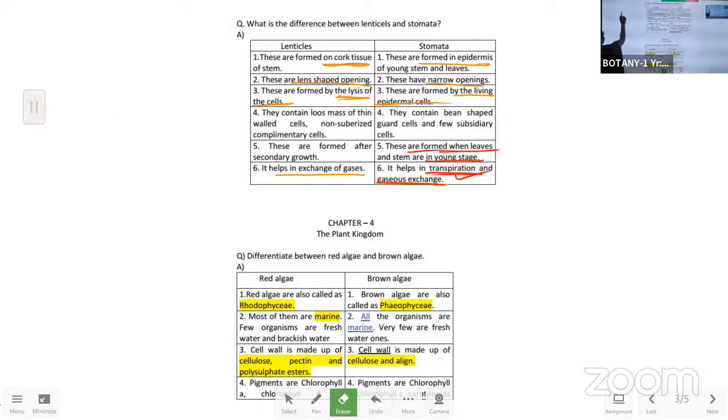Now we will go with some other important questions in chapter 4, the plant kingdom. So in this, the first and most important question is: differentiate between red algae and brown algae.